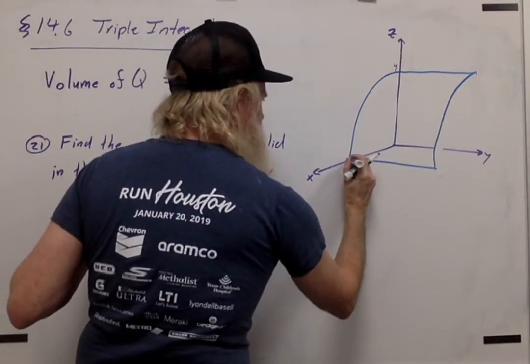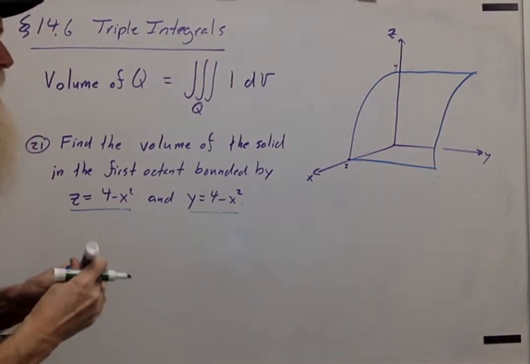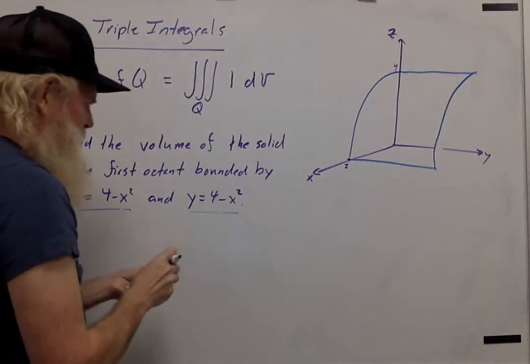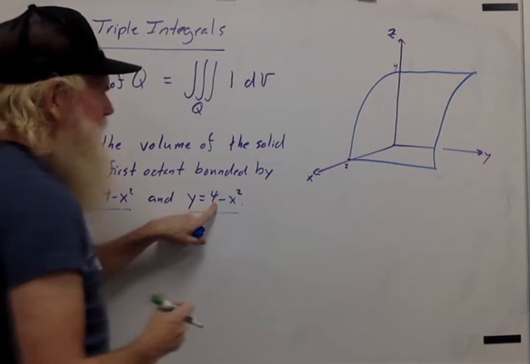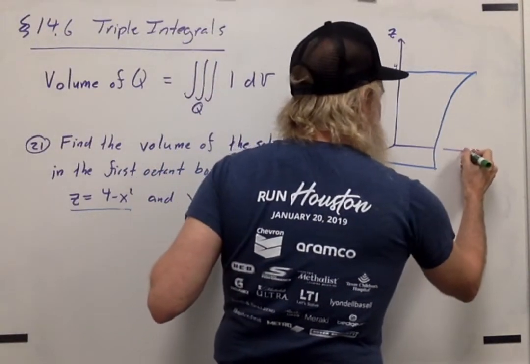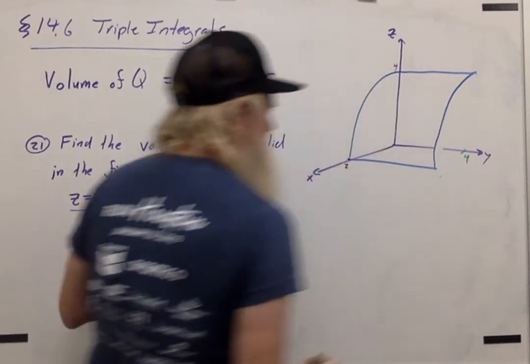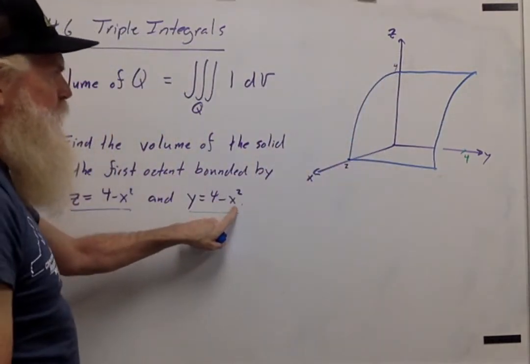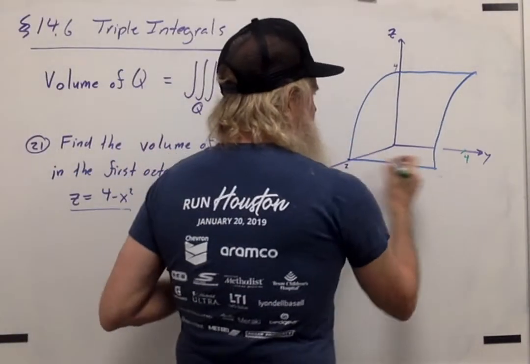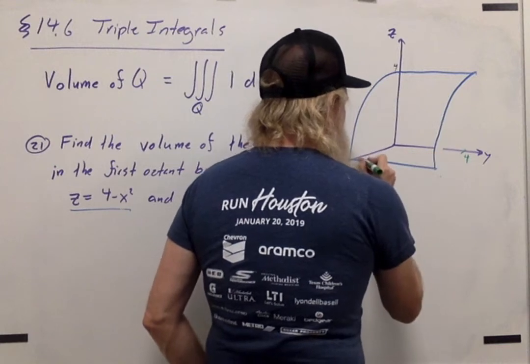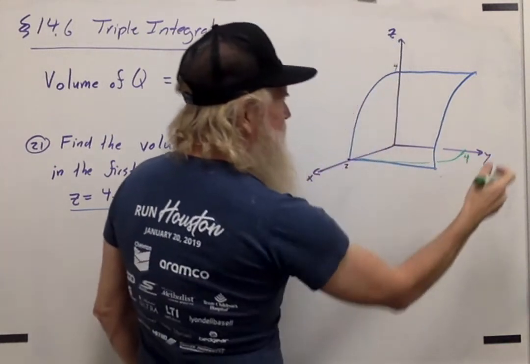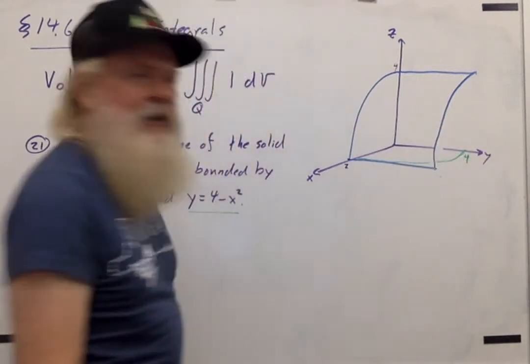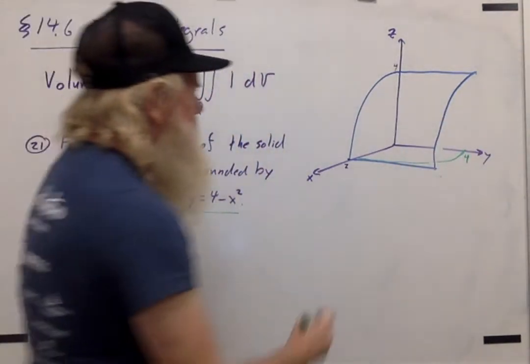So this happens to be 2 along the x-axis. Okay, now let's draw this parabola. This parabola is going to have a vertex at 4 on the y-axis, and it has x-intercepts of 2 and negative 2. So this parabola is going to go out this way in the xy plane, and then it's going to continue back and intersect again at x equals negative 2.